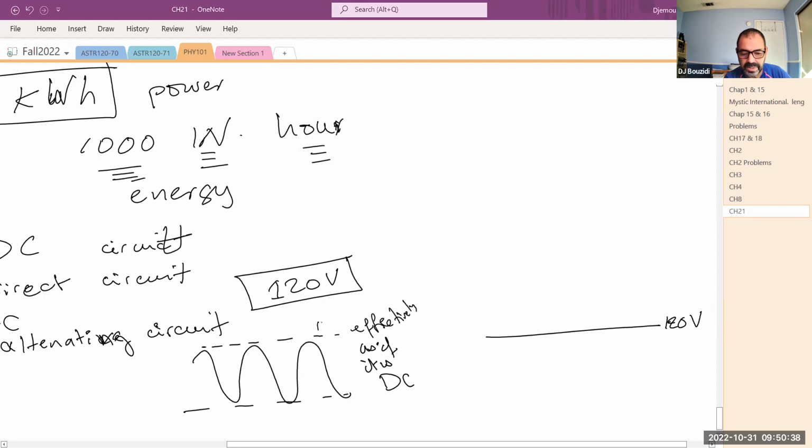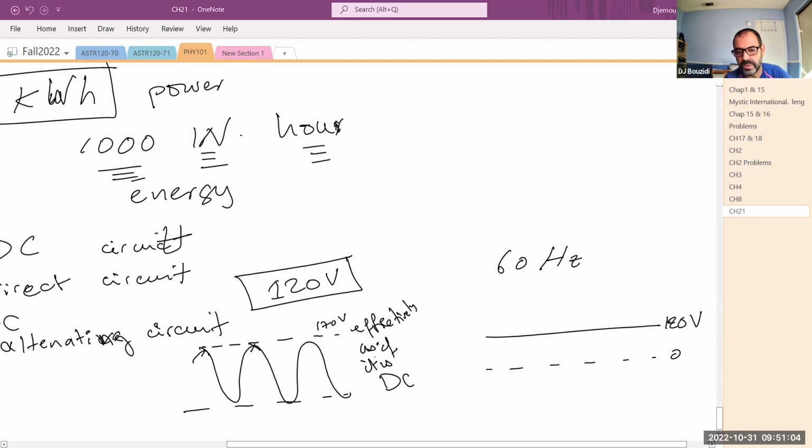The maximum is actually around 170 volts, but it effectively runs as if it's steady at 120 volts, because it happens so fast. It happens at 60 hertz. These fluctuations between minimum and maximum take place 60 times per second.